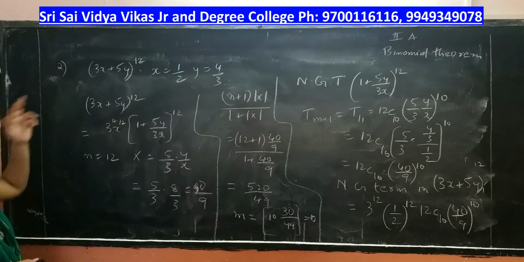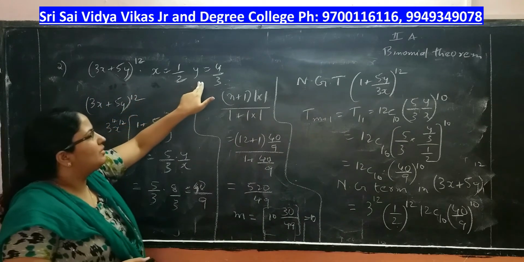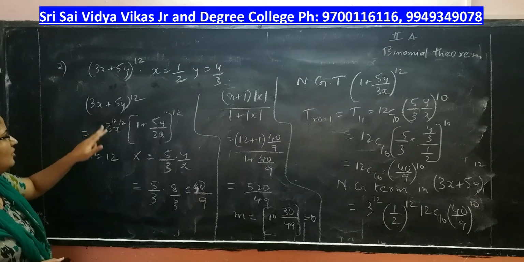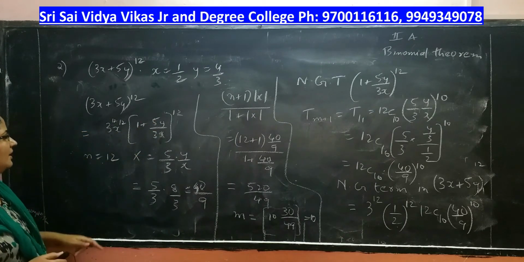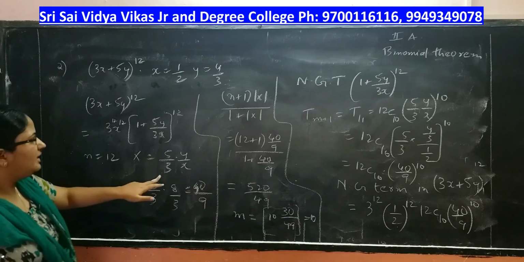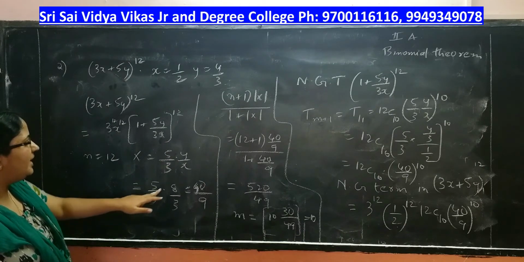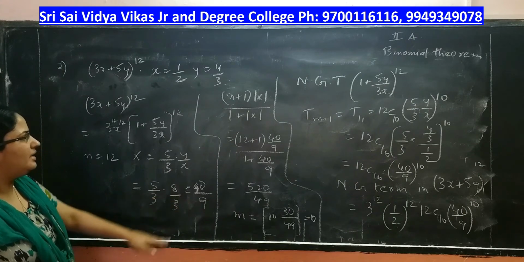First of all, we have (3x + 5y)^12, x is equal to 1/2, y is equal to 4/3. Take 3x common. So you get 3^12 x^12 (1 + 5y/3x)^12. Here n value is 12. X value is 5/3 into y/x, which will be 8/3, which is equal to 40/9.